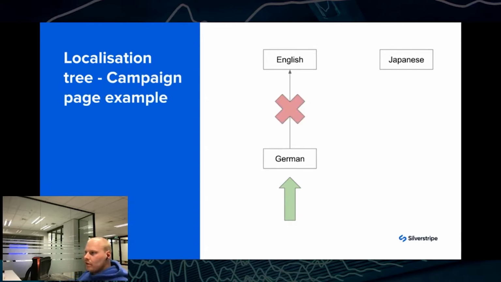Let's have a look at the campaign pages now. These have the exact option set. In this case, the localization tree has the fallback rule from German locale to English one, but it will not be followed. So the campaign page will only be available for the German locale if it's configured like that.